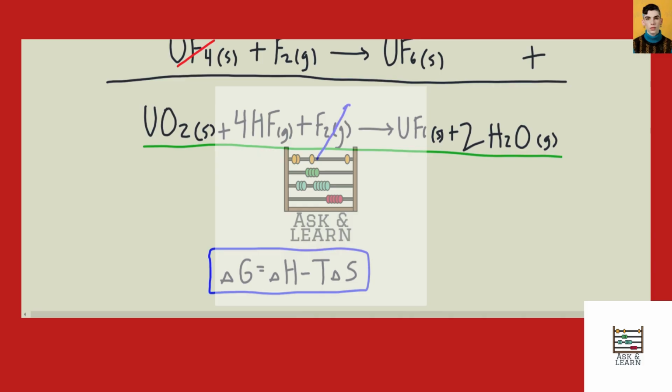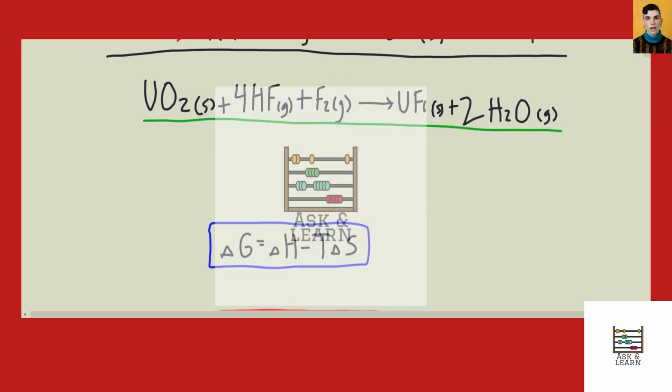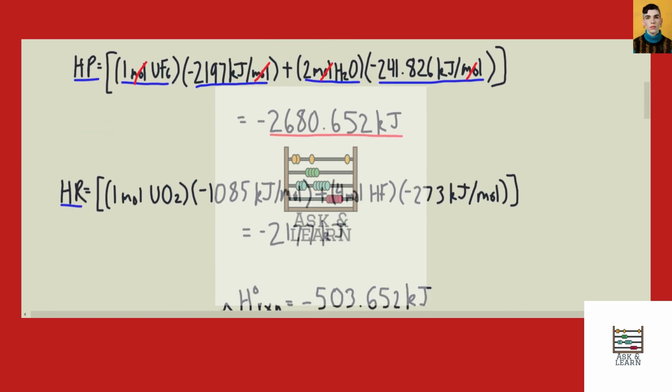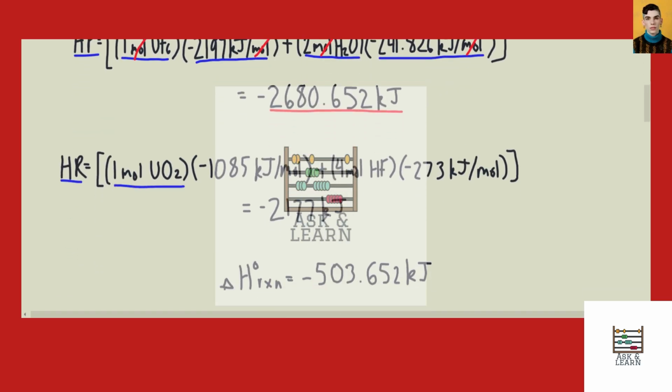And F2 is a naturally occurring diatomic gas molecule that has a delta H of formation value of 0. So we only include the reactants of 1 mole of UO2 and 4 moles of HF for the delta H for the reactants. We look up their values for delta H of formation at standard conditions.